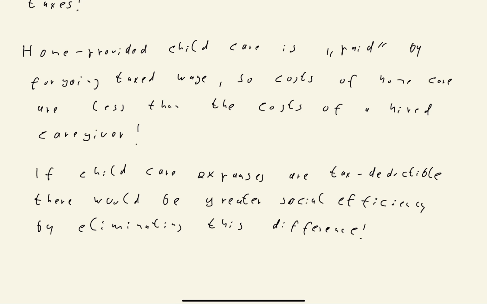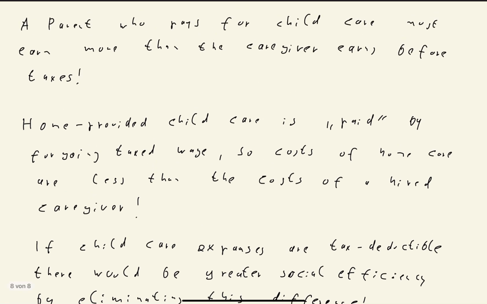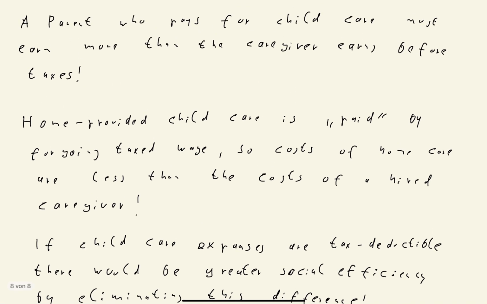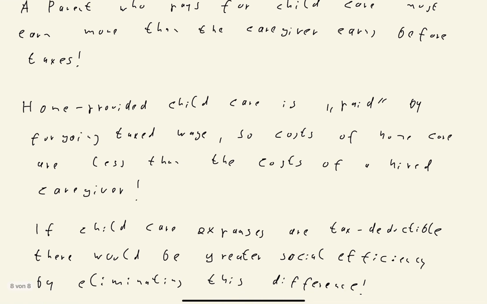Yeah, and which difference are we meaning exactly? The difference is that if childcare wouldn't be tax deductible and you would like to pay for childcare, you must earn more than the caregiver is earning before taxes. So you also pay taxes for this basically.